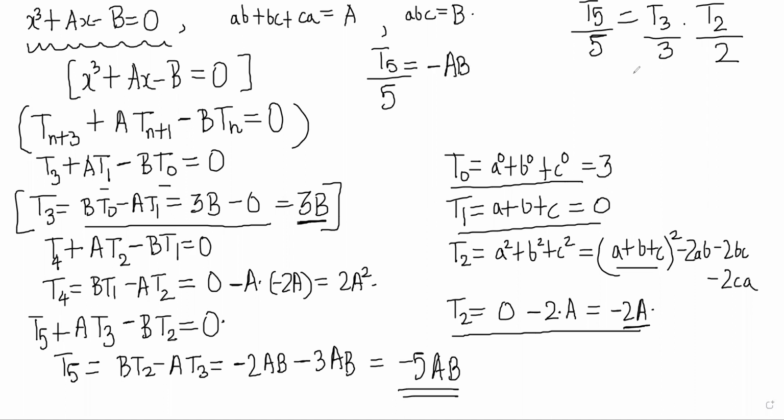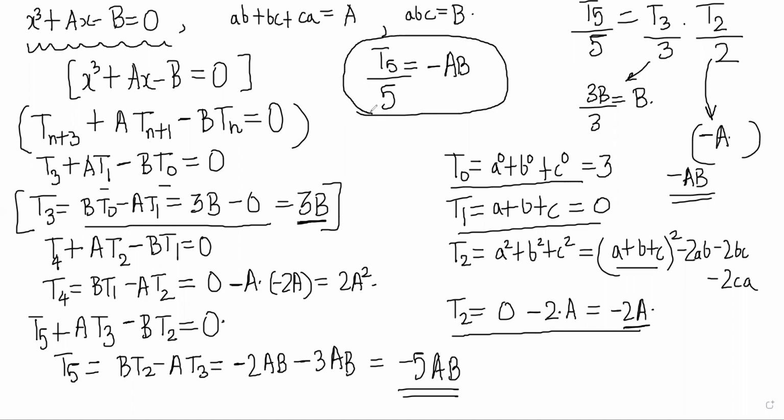And what is T3/3? T3/3 is equal to 3B/3, which is B. And what is T2/2? T2 is minus 2A, so T2/2 is minus A. So when I multiply T3/3 and T2/2, I'm getting minus AB here. And I'm also getting minus AB from T5/5, right?